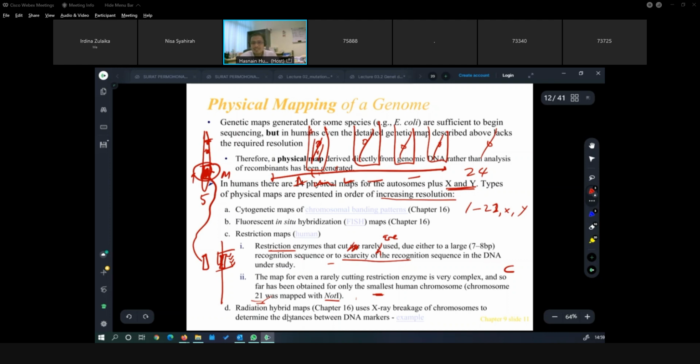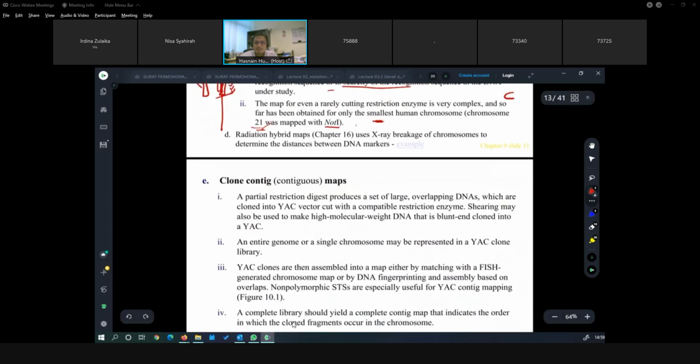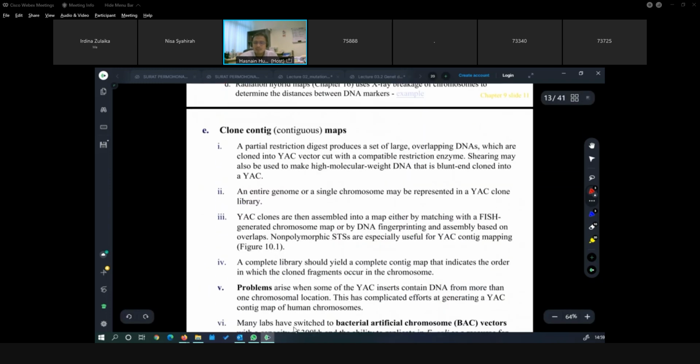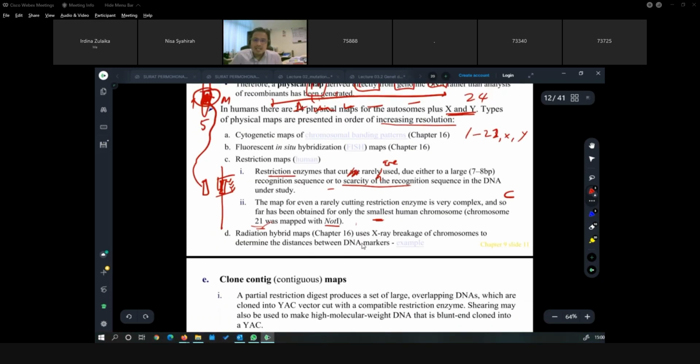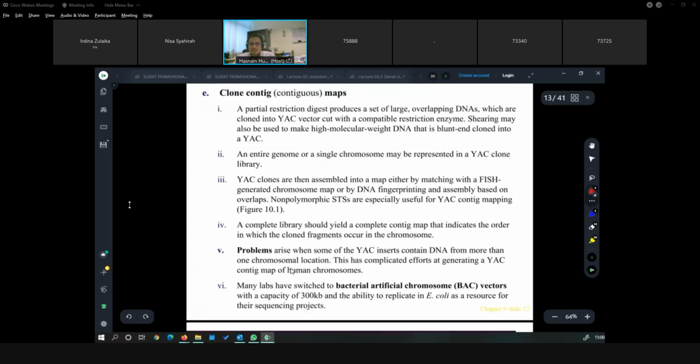So you can see the increasing resolution from A until D. Then a slightly higher resolution is when you know the sequence better. Once you have the information, then you can do contig maps.